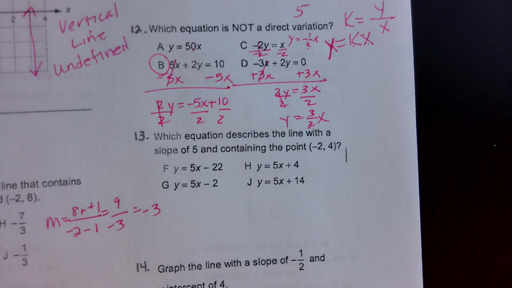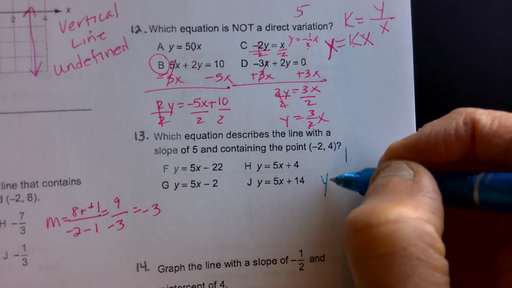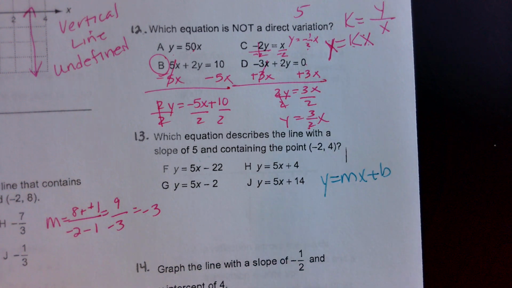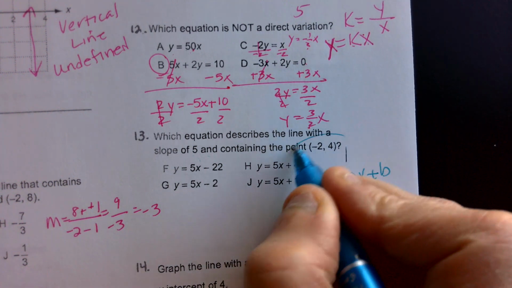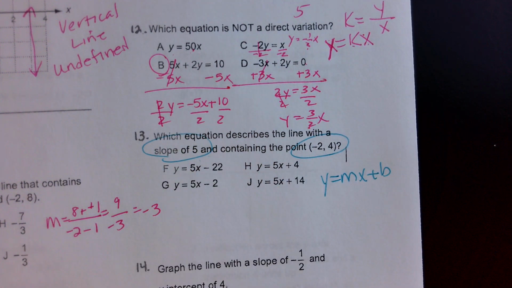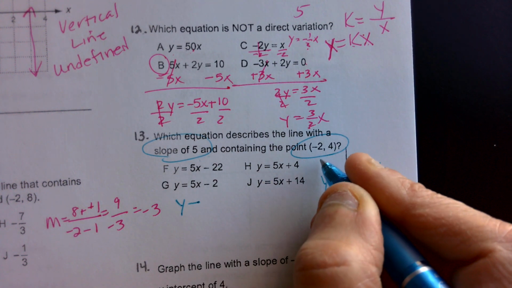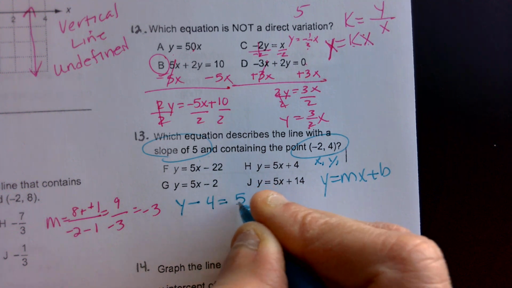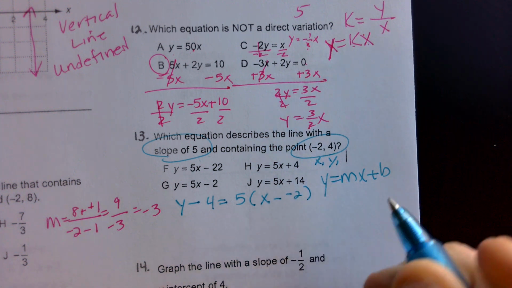Which equation does the line with this slope and this point describe? It's in mx plus b form, but you will probably have to use point slope because that's what they give you. So y minus 4 equals 5 times x minus a negative 2.